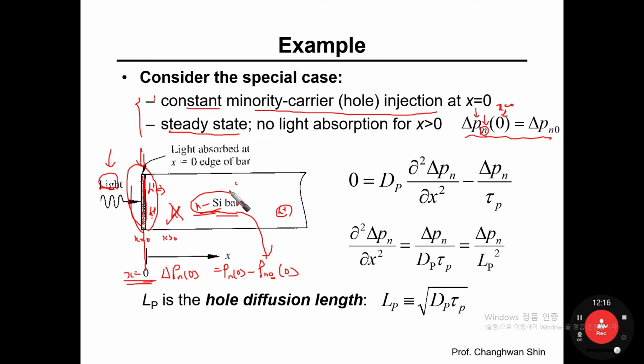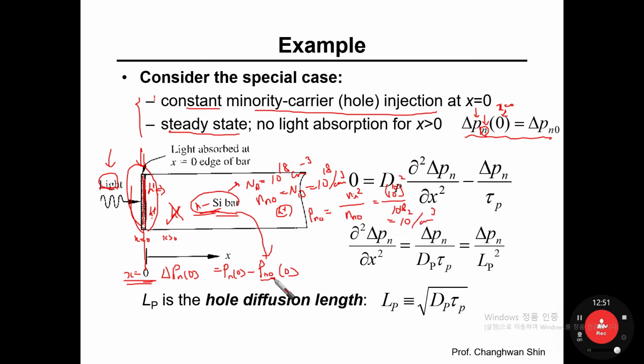If this silicon bar is doped with a donor concentration of 10 to the 18 per cubic centimeter, then the N-type material at equilibrium, N n naught, is equal to Nd, that is 10 to the 18 per cubic centimeter. And using the mass action law, P n naught is equal to what? Yeah, Ni squared over N n naught, right? So 10 to the 18 and here 10 to the 10 squared, so that is 10 to the 2 per cubic centimeter.